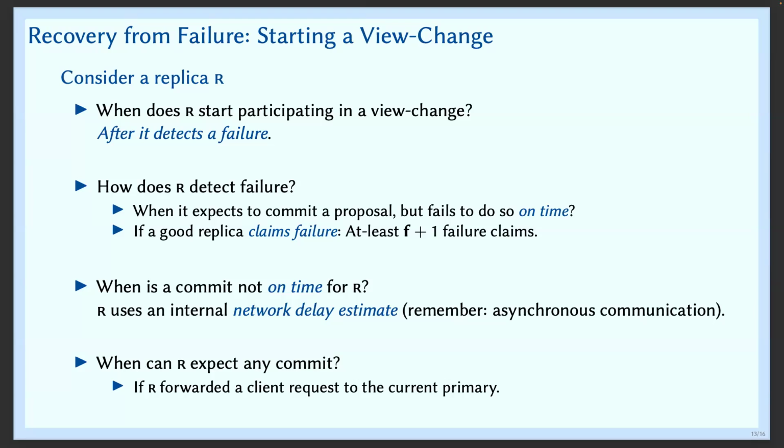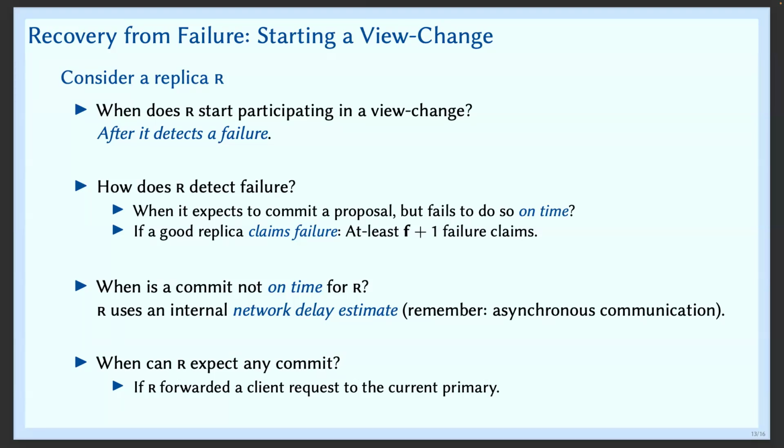Why do you think that's necessary? Why do you think we would need this mechanism? Under what circumstances will the client send it to everybody? Or the primary is malicious.